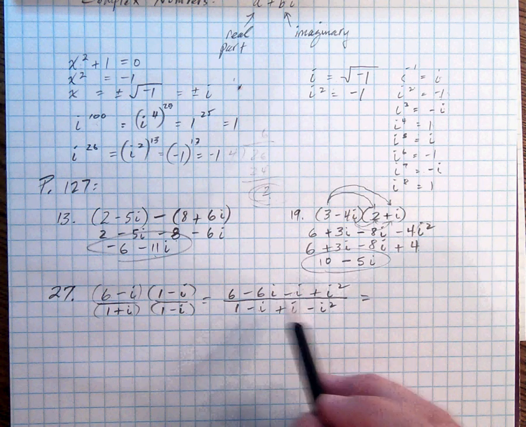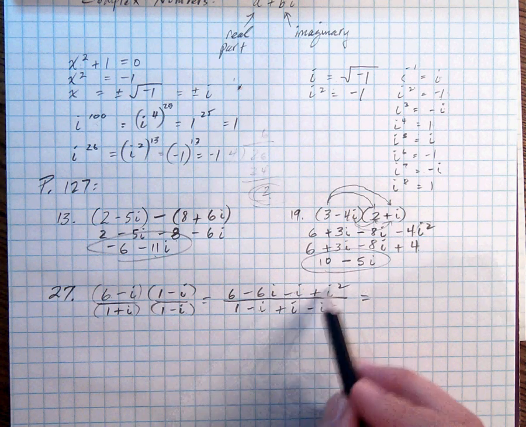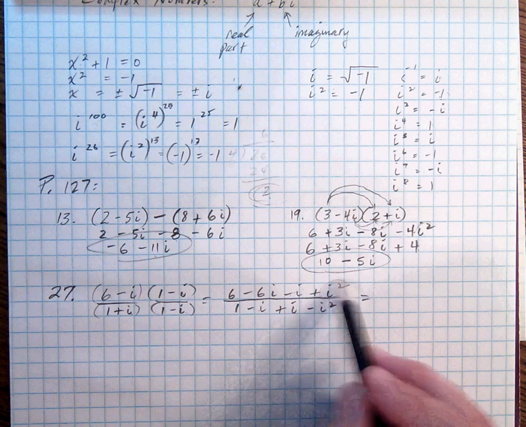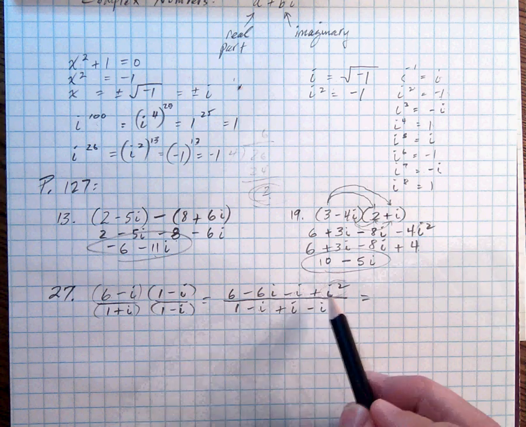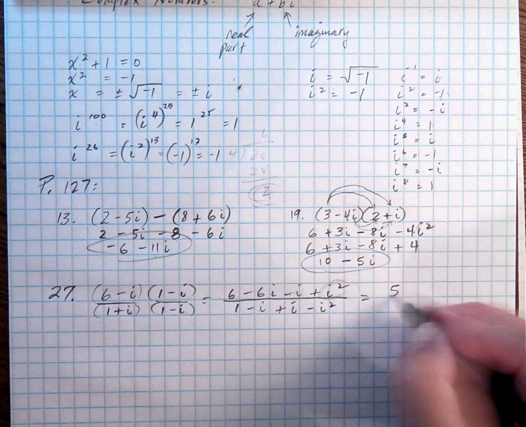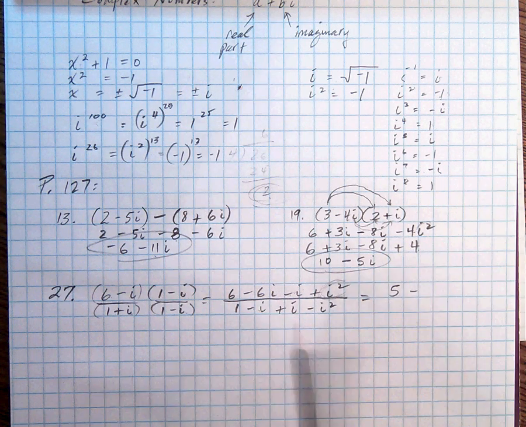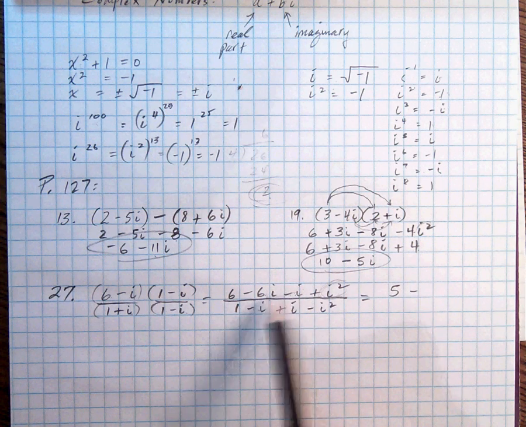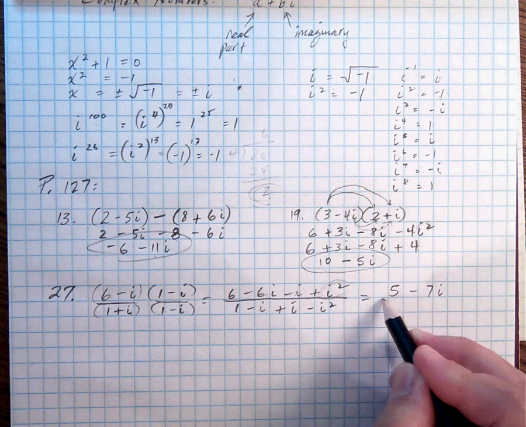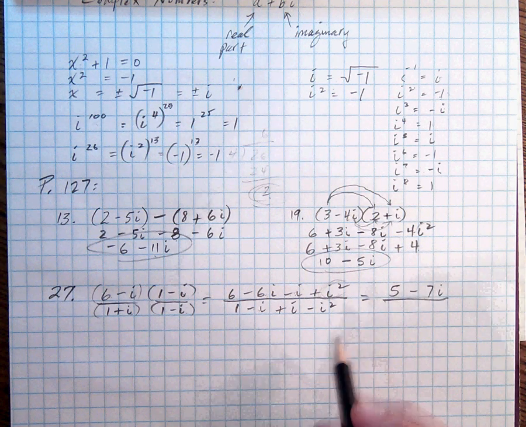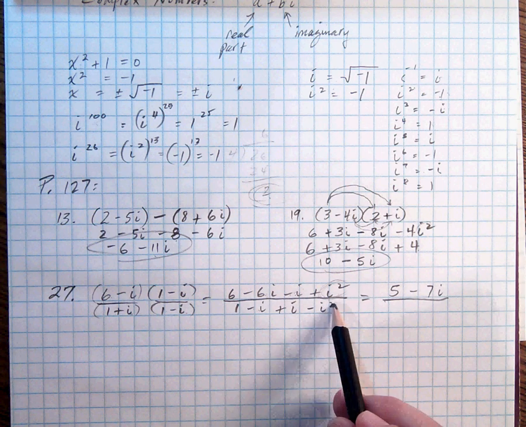So it looks like this is going to just be negative 1, right? Remember, i squared is negative 1. So it's 6 and negative 1, which is 5, minus, these two are the imaginary parts, so minus 6i minus i, that's minus 7i, over, remember i squared is negative 1, so it's minus i squared, so that's a plus 1, isn't it?